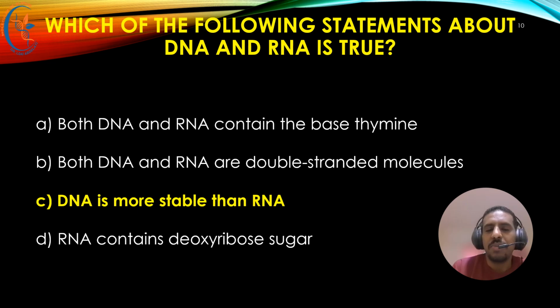Why is DNA more stable than RNA? DNA is more stable than RNA due to the lack of the 2' hydroxyl group in the deoxyribose, as we said earlier, right? Which makes RNA more prone to hydrolysis.